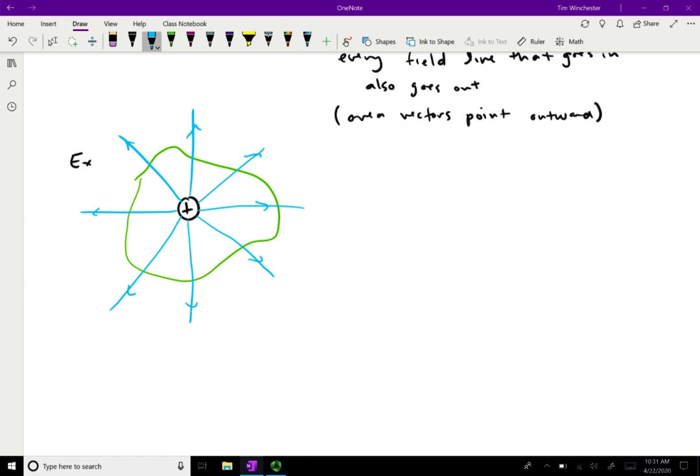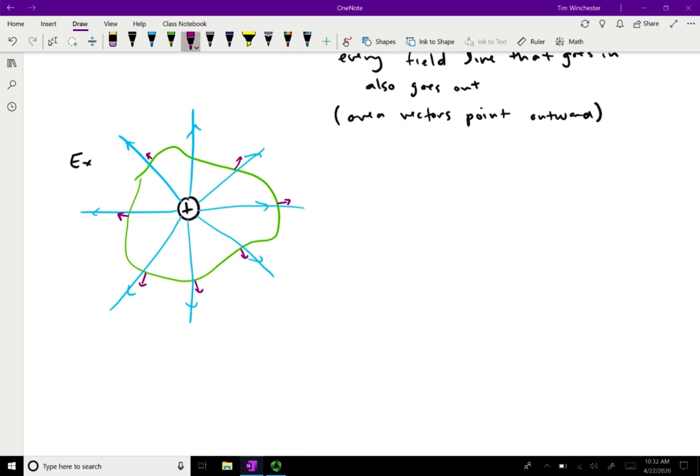And now we can see that there are lots of field lines that are going out that are not coming back in. And if I draw some area vectors at different points along the surface, I can see that I'm going to get a positive flux basically everywhere along the surface.